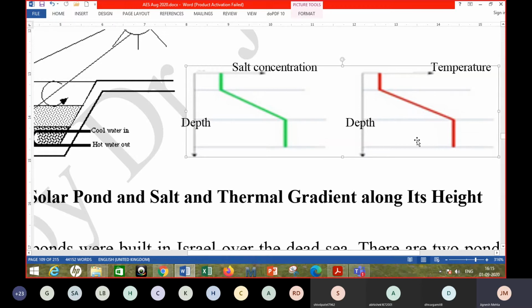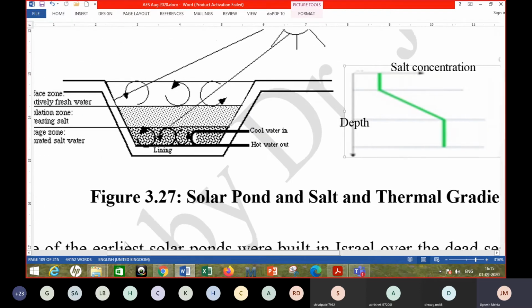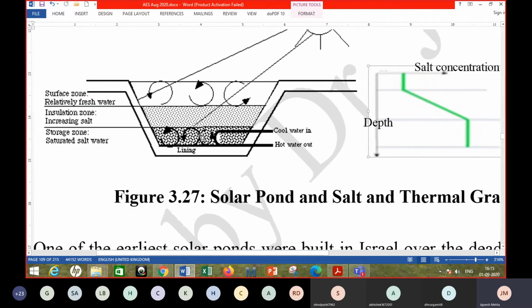And you are able to store the solar radiation, particularly in the bottommost layer. And from there, you can take the heat, right? Either you put a heat exchanger here and take the heat from here, as it is shown here, cool water in and hot water out, or this brine, the salt solution itself, may be pumped into a heat exchanger outside, and there you may use it to heat water.